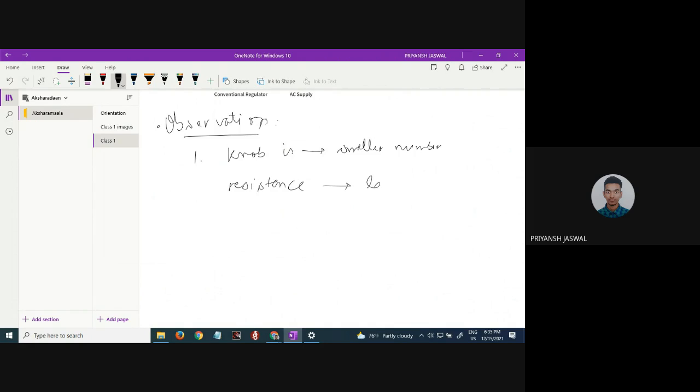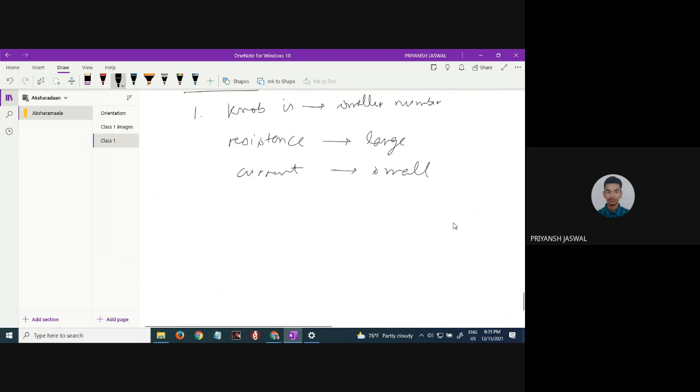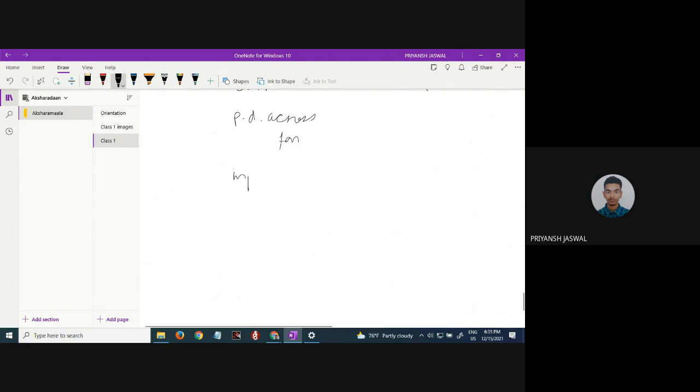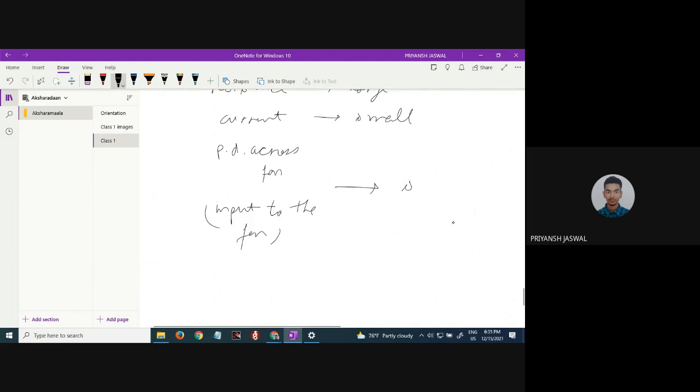Resistance is large for a smaller number on the regulator knob. Large resistance means the current is small. Small current means the potential drop across the fan, or you can say the input to the fan, is also small.